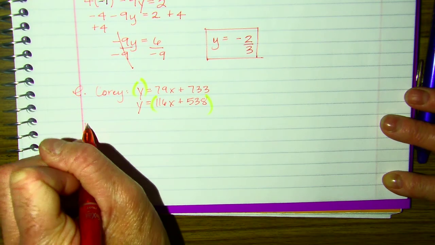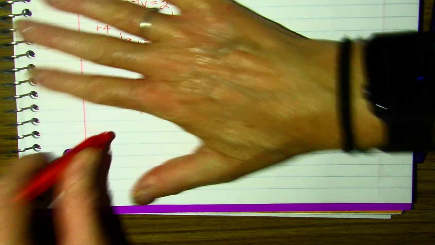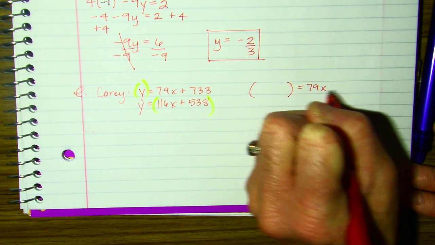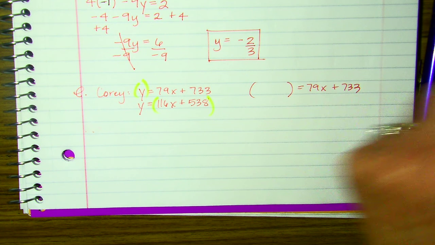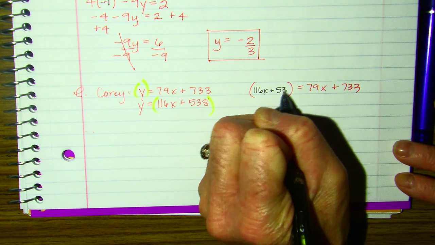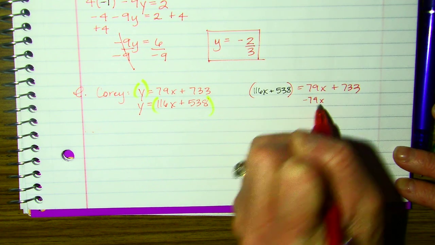116x, oh, that's not fair, I'll write it how I've always been writing it. And I'm going to solve, so I'm going to subtract 79x.